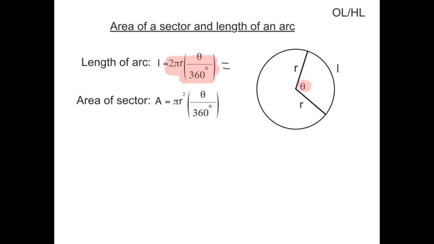Now those of you studying higher level will have met a different formula when you're working in radians. The length of an arc is equal to r times theta, where your theta there is in radians. And the formula for area of a sector is equal to pi times r squared, again multiplied by your angle theta in degrees over 360 degrees.